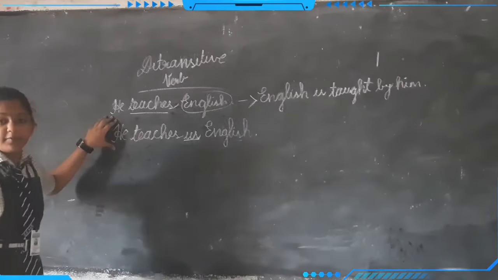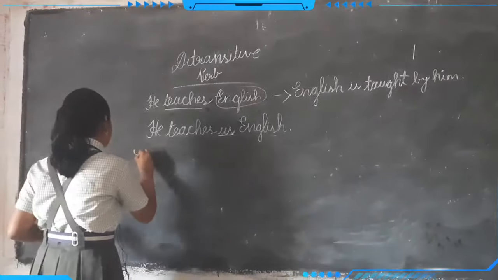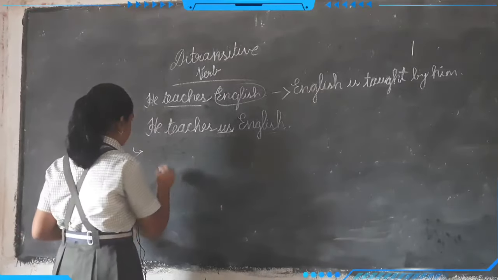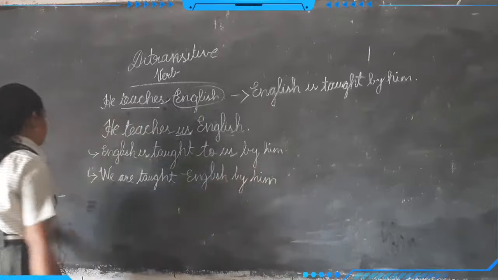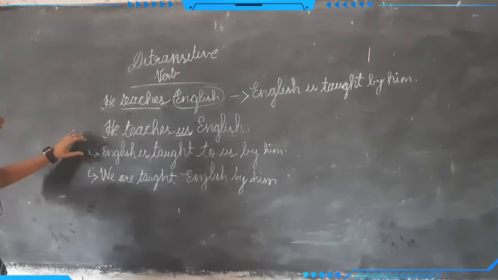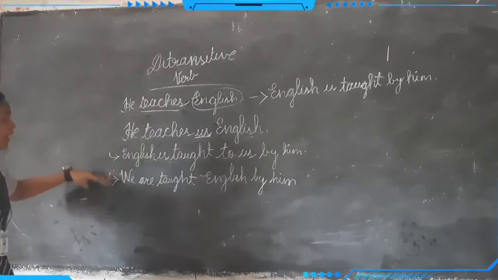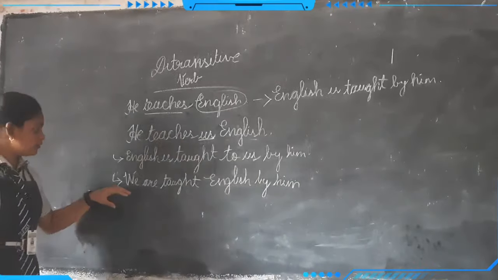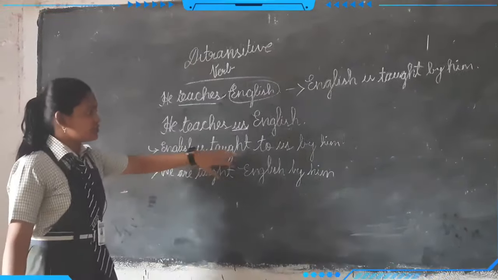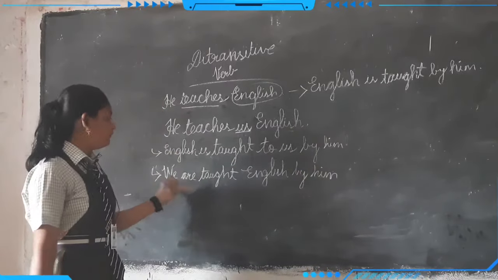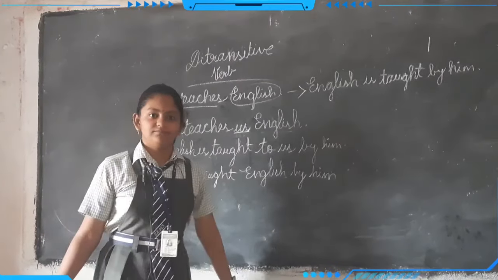But this sentence can be passivized in two ways. In the first sentence we use the direct object in the passive form, and in the second sentence we use the indirect object in the passive form. English is taught to us by him, and we are taught English by him.